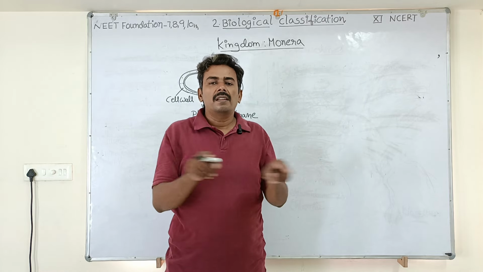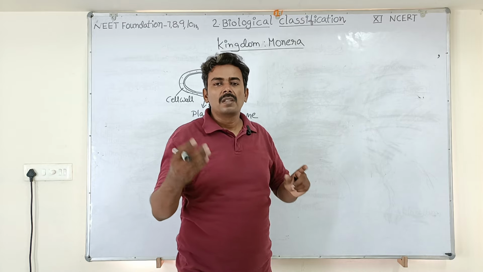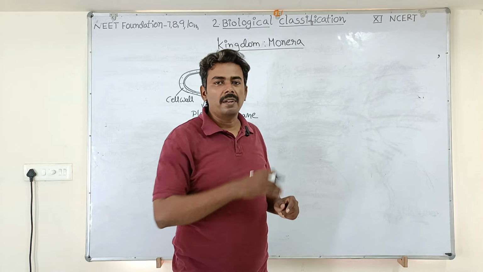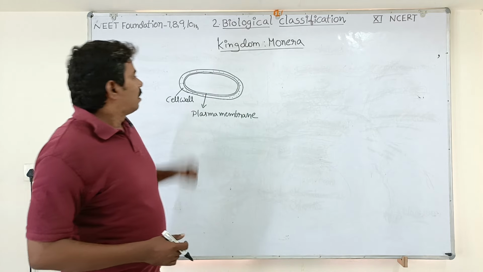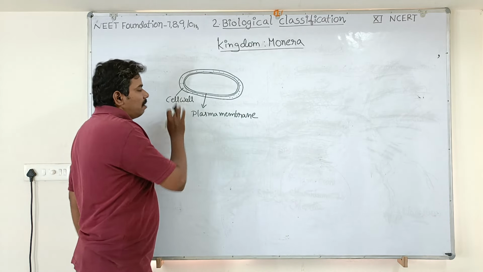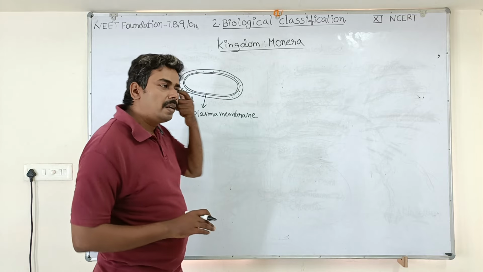It acts as the outer boundary of the prokaryotic cell and it allows certain useful materials, such as food materials, to enter into the cell. Whereas the cell wall gives protection to the bacterial cell from the external environmental conditions.